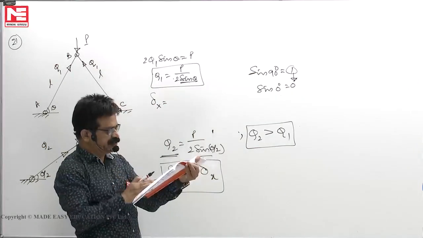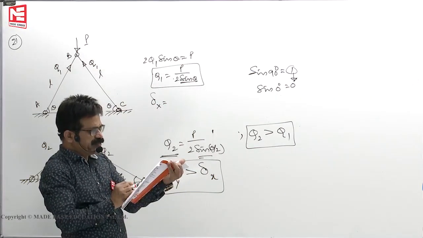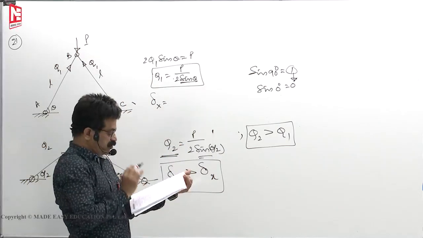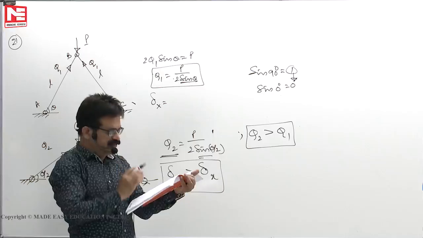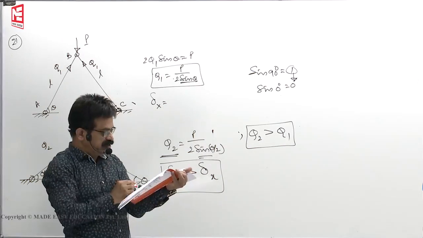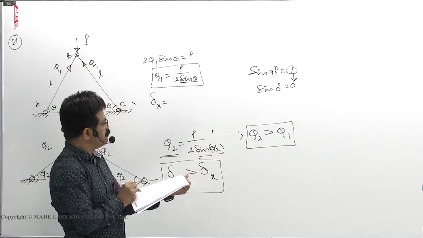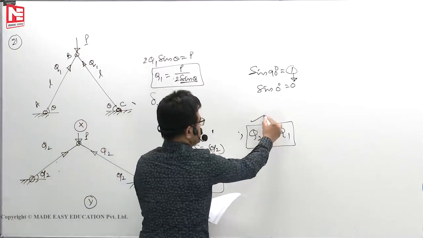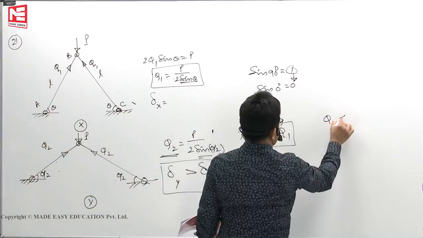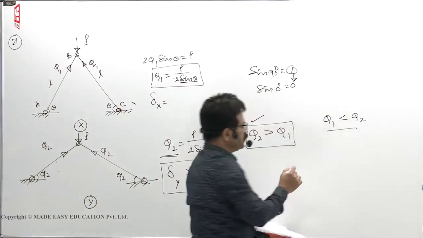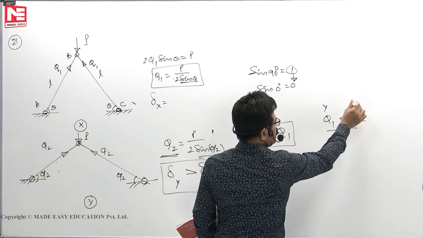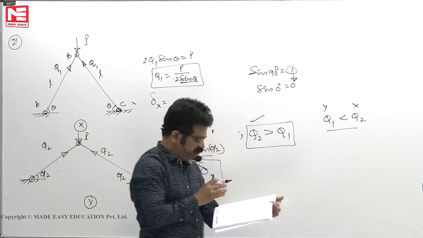Now let us see what the options are. A: X will have more member force. Wrong, leave it off. B: X will have more member force, again wrong. C: X will have less member force, correct, because Q2 is greater than Q1, so Q1 is less than Q2. This is the X system, this is the Y system. Force in the X system is less than in the Y system.